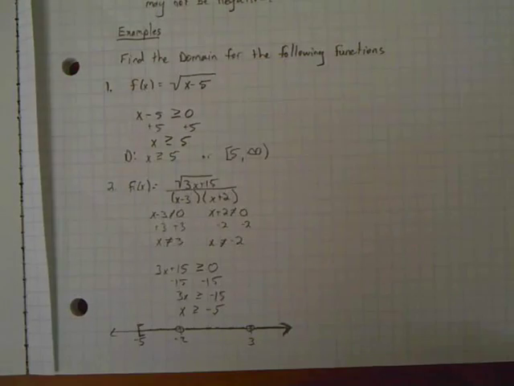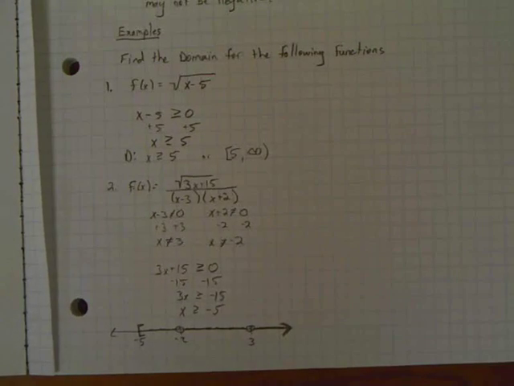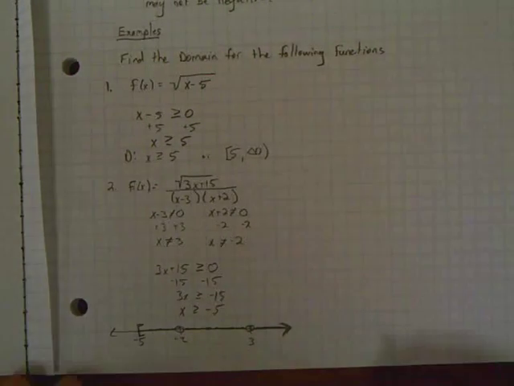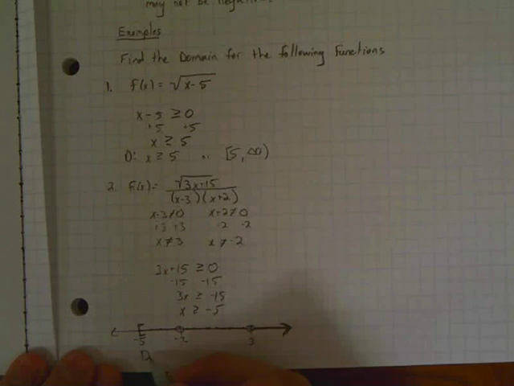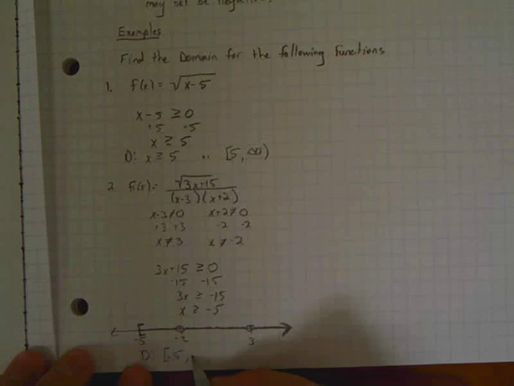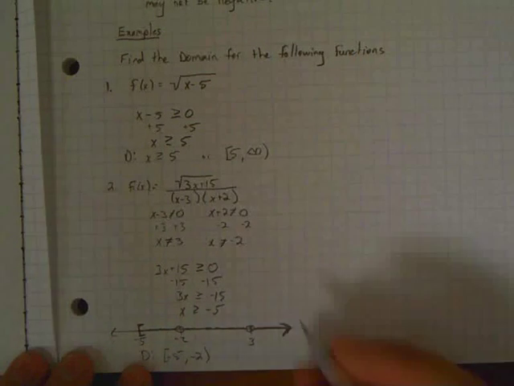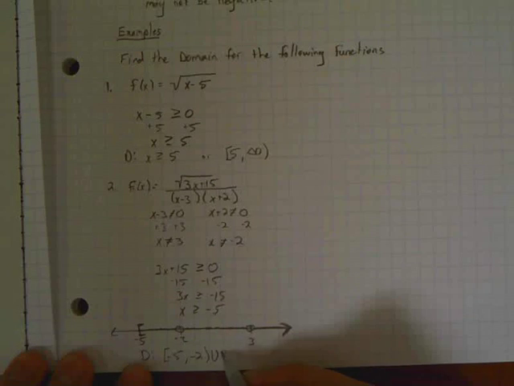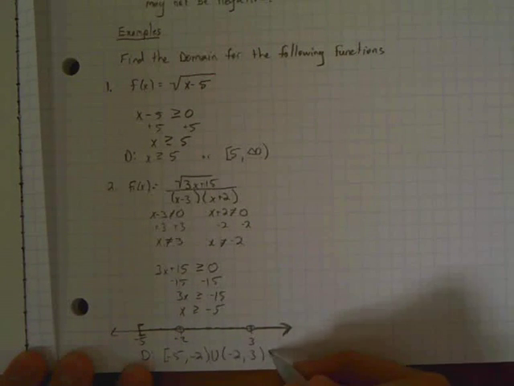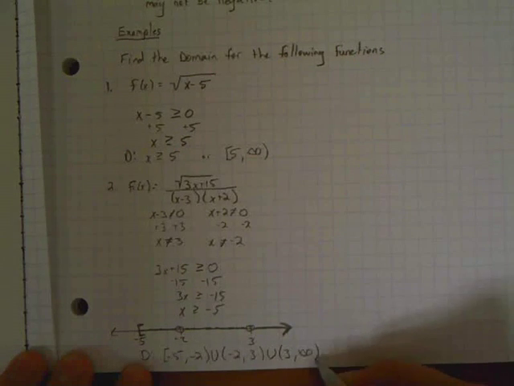In writing our domain, here's where it's going to be a little bit easier to write it in interval notation. Starting at -5, including -5, we want to go all the way to -2, but not include -2. We join that with -2 to 3, including neither of those, and then we join that with 3 to infinity.